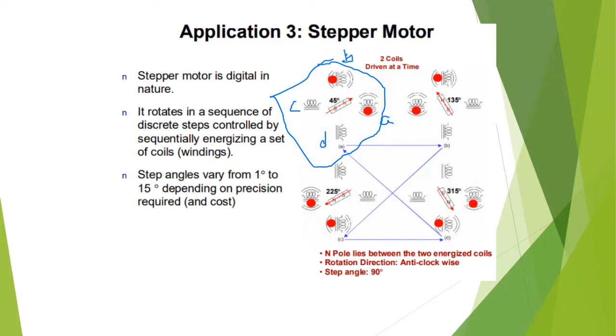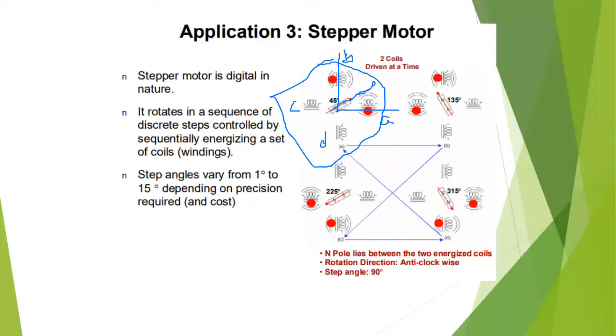Now A and B both are on, and they are 90 degree apart. By sending the supply, they become electromagnets, so the rotor, which is a magnetic material, will remain in the middle here. This is 45 degree, for example.